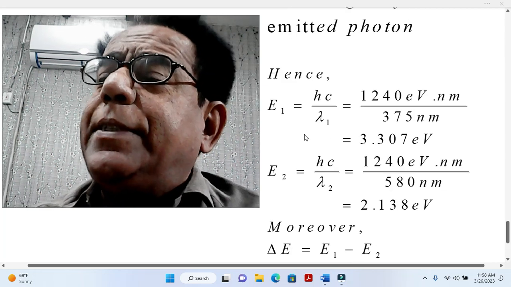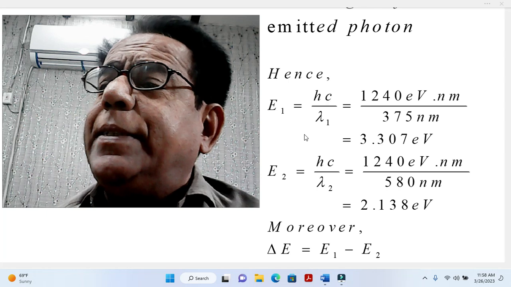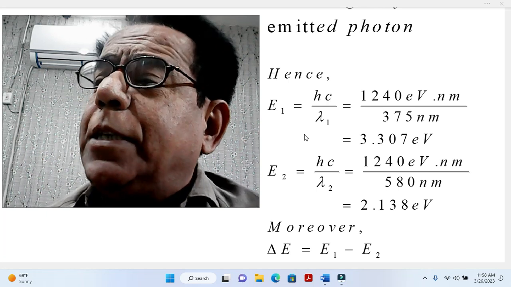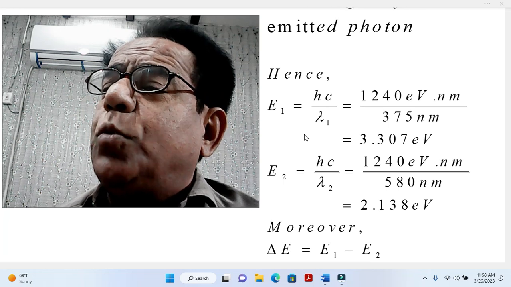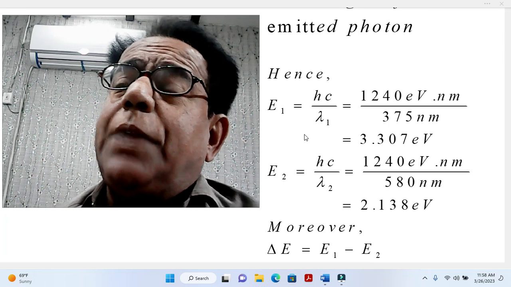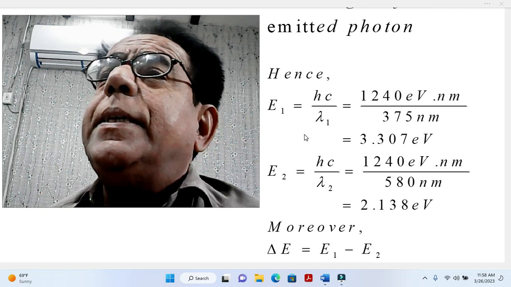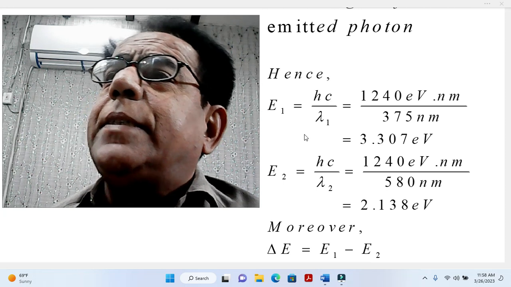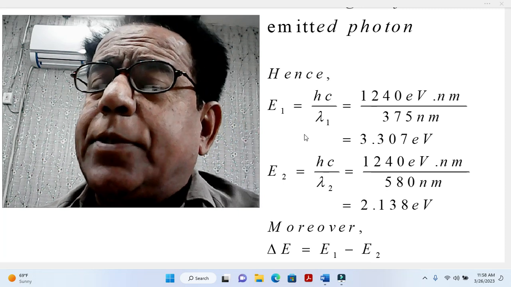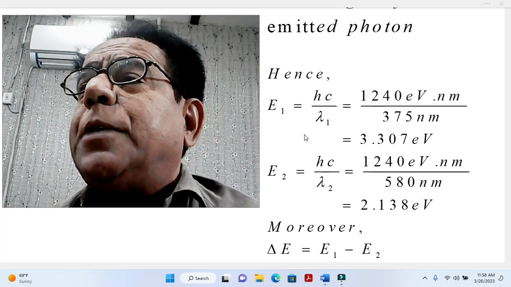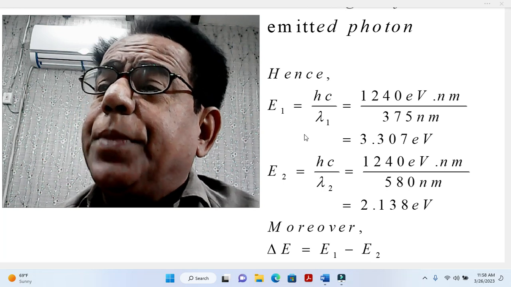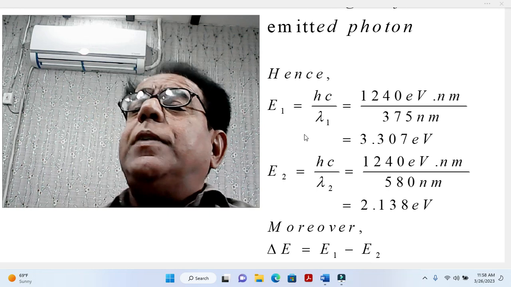E1 is equal to HC over lambda 1 is equal to 1240 electron volt nanometer divided by 375 nanometer. Here, dear students, we have not taken the value of H separately and the value of C, that is 2.998 into 10 to power 8 meter per second. We have taken the combined result which is also given in the same table.